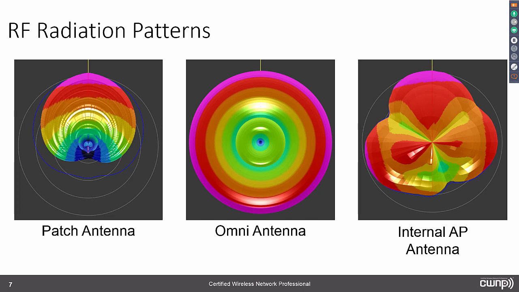So on the left, we see a patch antenna, and you can see most of the energy radiating out from the antenna. And this is a top-down view, by the way, if you're looking down on the antenna. So we can see it's mostly radiating outward from the antenna. The Omni is radiating all around the antenna. And the internal AP, you get this really interesting pattern here. That's because this is a 3x3x3 access point. So there are actually 3 really Omni-type antennas inside of this access point.